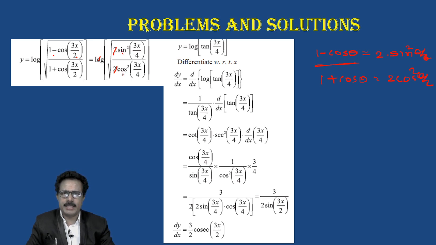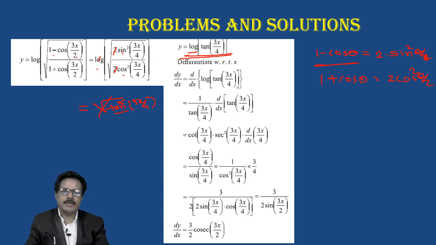Therefore, sin square theta upon cos square theta means tan square theta, and tan square is in a square root. Therefore, the square and the root get cancelled. That is like this, tan square 3x by 4. In the log, we get only tan 3x by 4. This is the simplification in log by using the trigonometric formula or trigonometric identity.